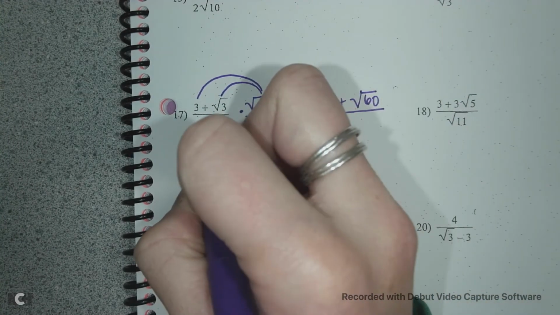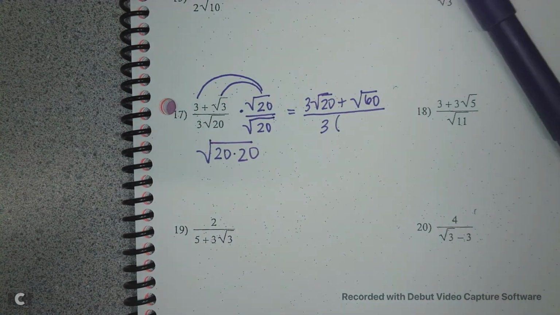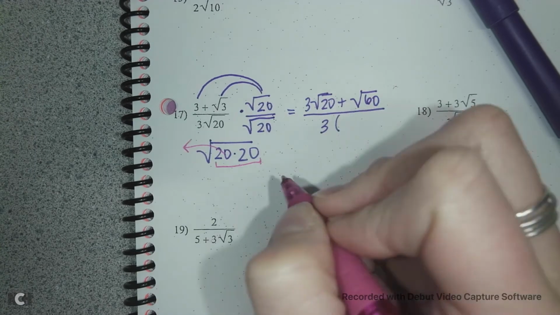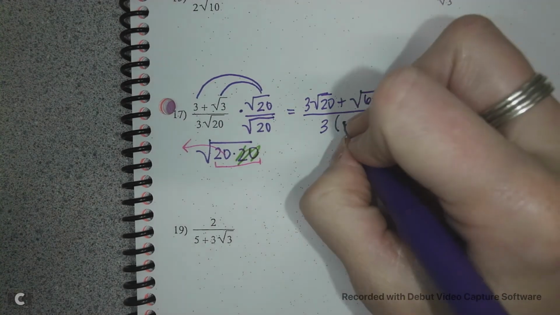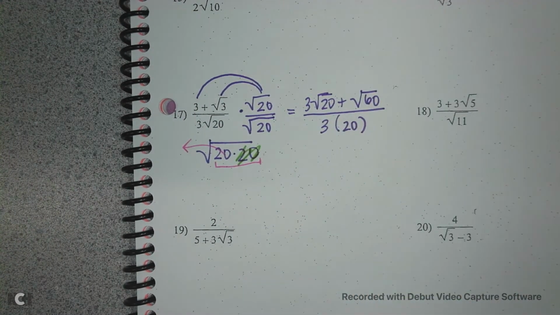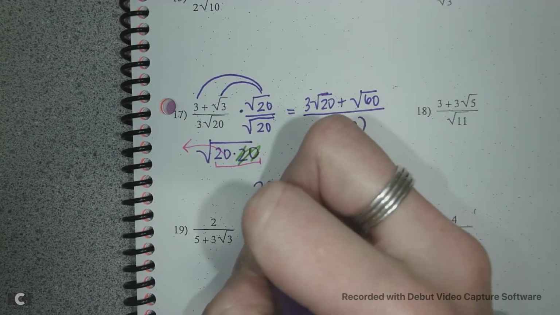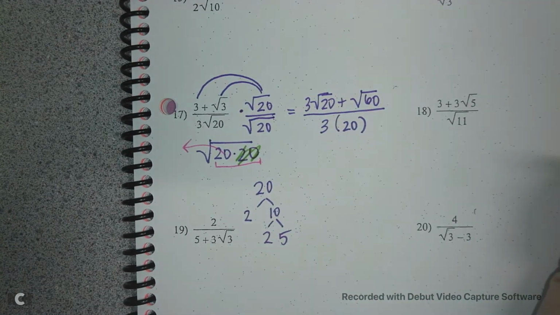And then right here, remember, I have root 20 times root 20, which is already a pair. So when you have a pair underneath the square root, one of them goes out and then the other one goes away. And when it comes out, it needs to be multiplying. So it's going to be 3 times 20. And then we're going to reduce our radicals. So let's see. 20 goes to 2 and 10, and 2 and 5.